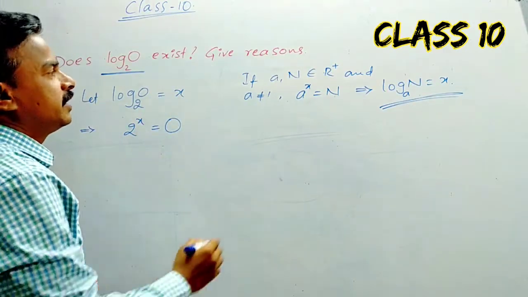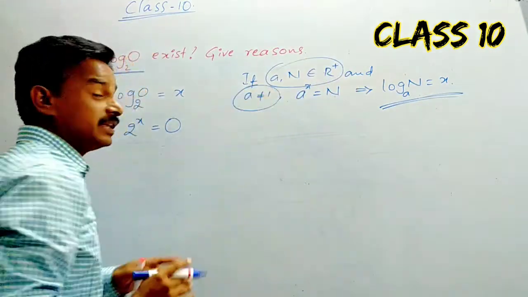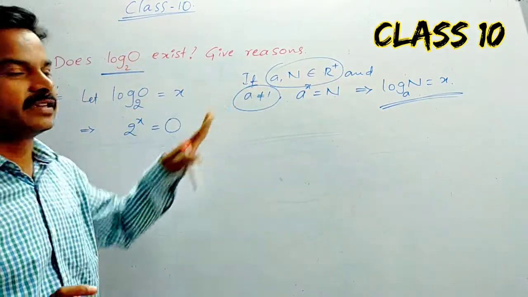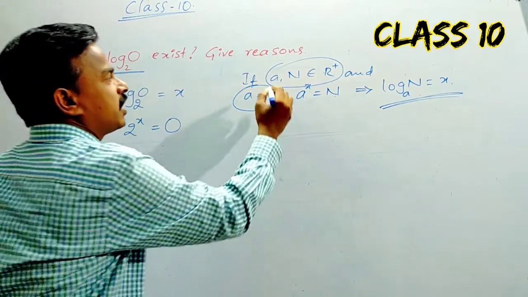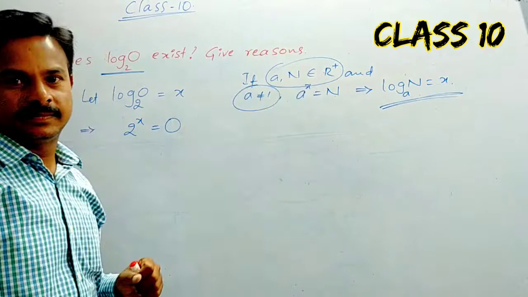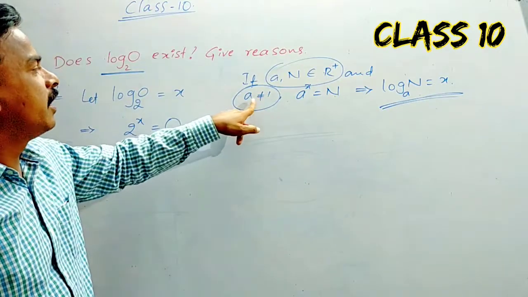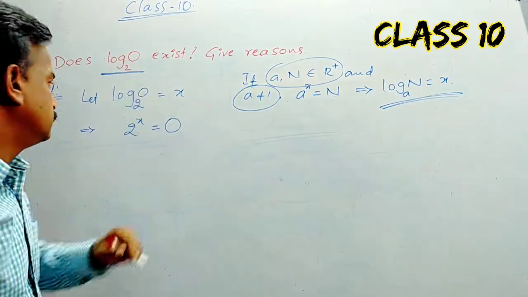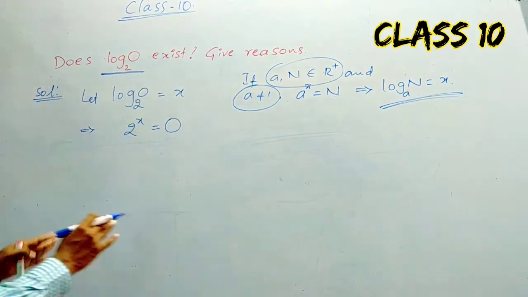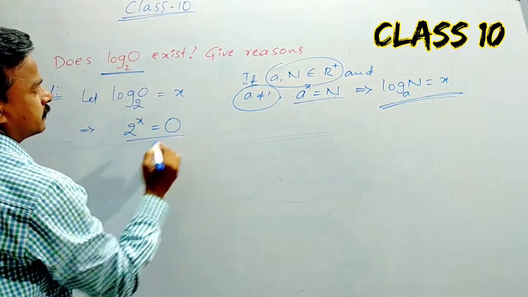Once you observe, there are two conditions in this definition. The first condition, a, n belongs to R plus, that means positive real numbers, and the second condition, a is not equal to 1. Now we have to compare this and this one.